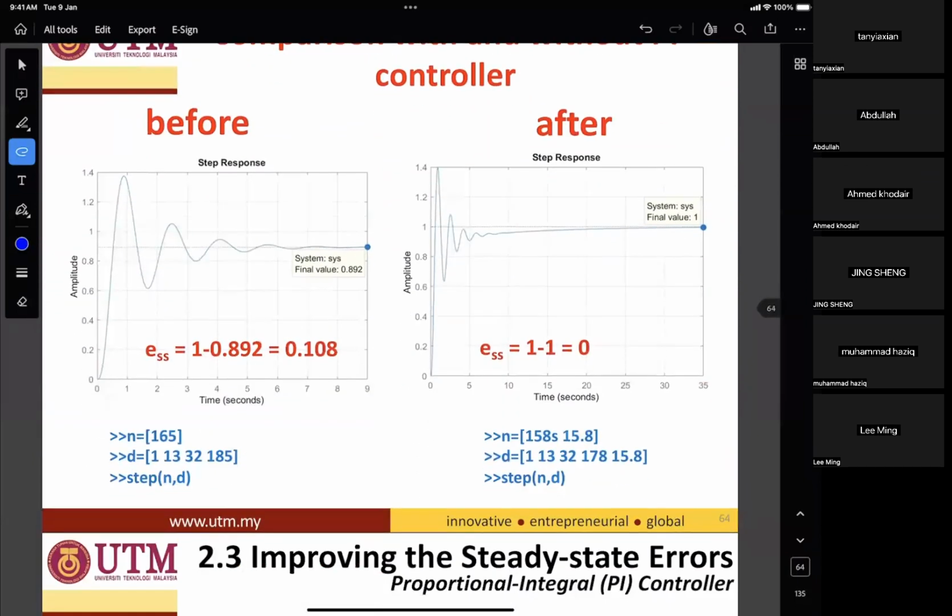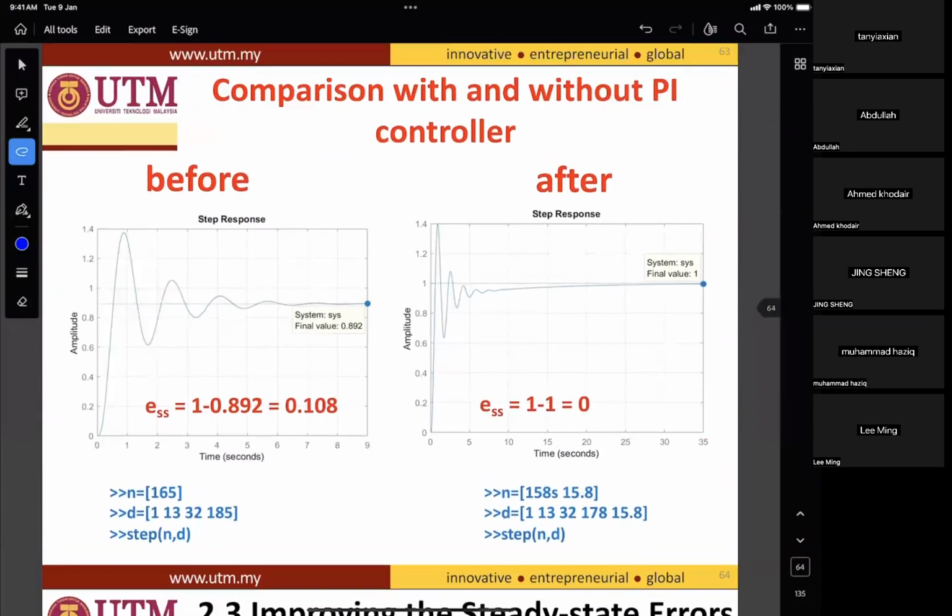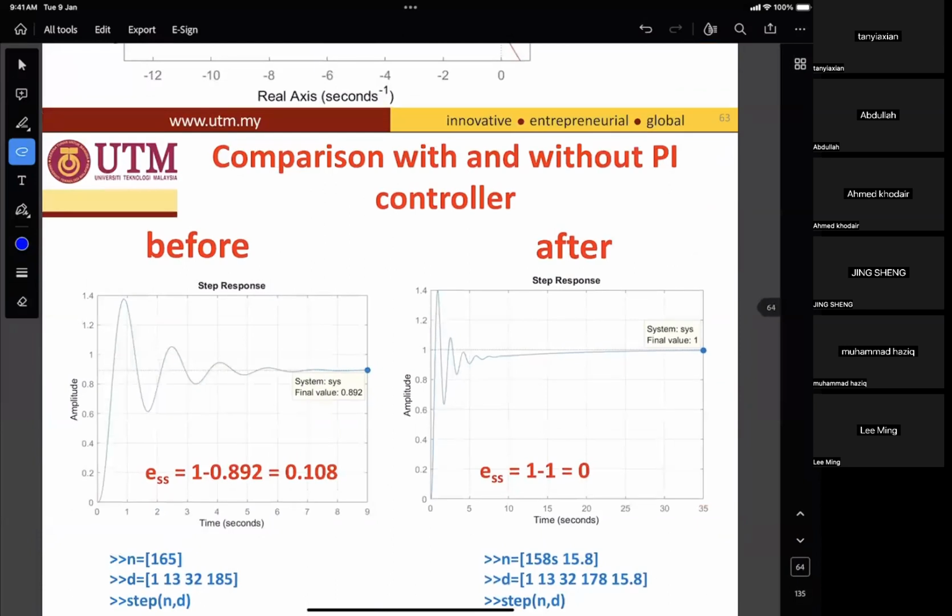When we see the time response, this is the time response before the PI controller. You can see that the error is 0.108. And in this one the error is equal to 0.